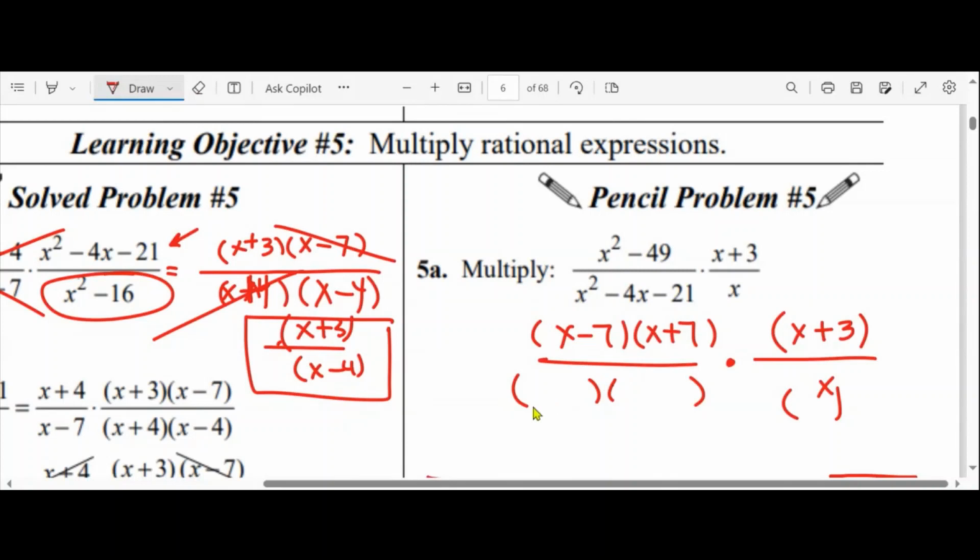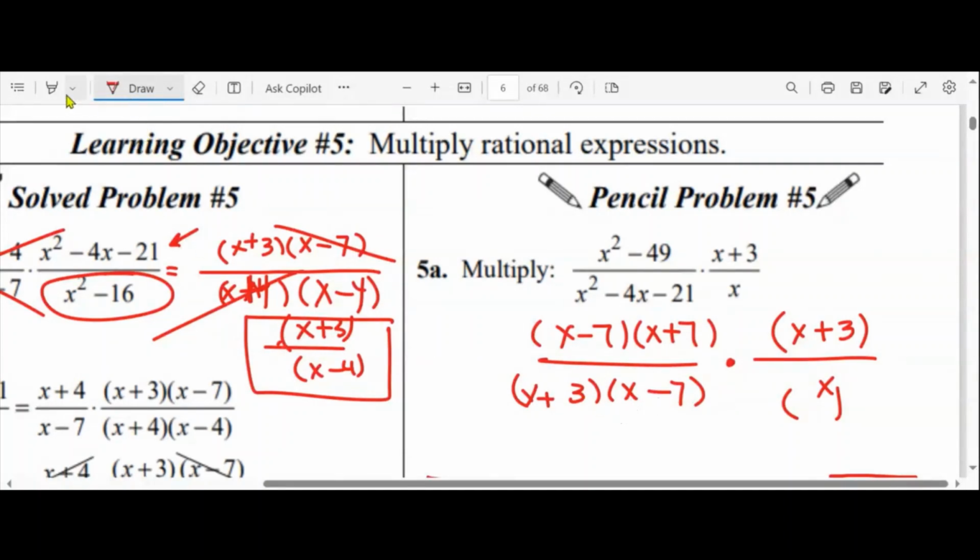X plus 4, X minus 7. Does 27 give you 4? No, 3 and 7. What about the sign? Minus.